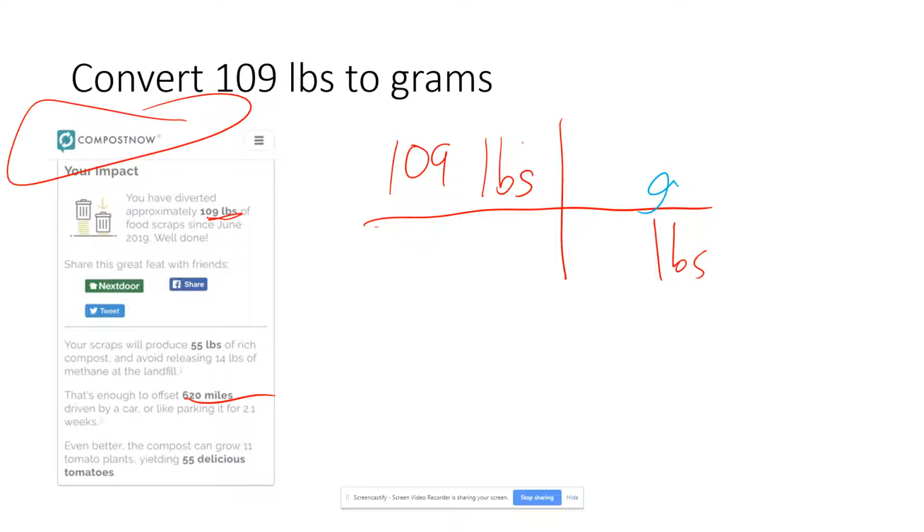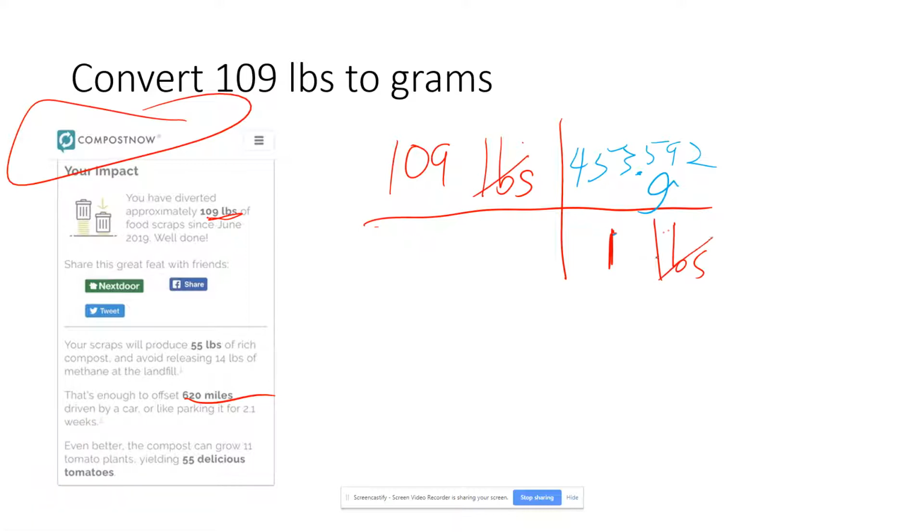There are 453.592 grams in 1 pound. So 453.592, according to Google, grams are in 1 pound. Right?